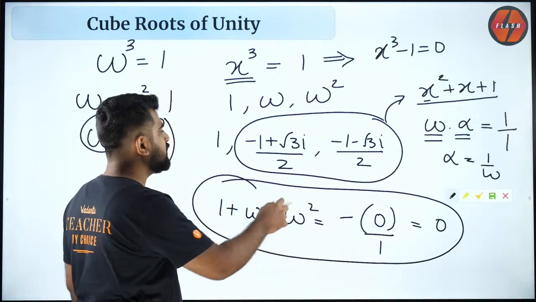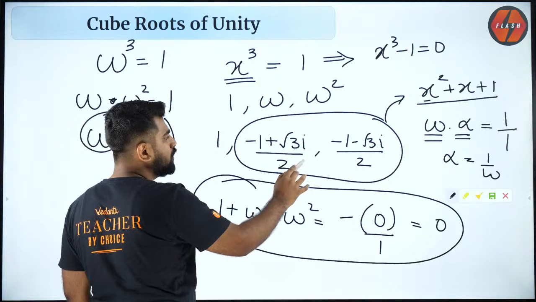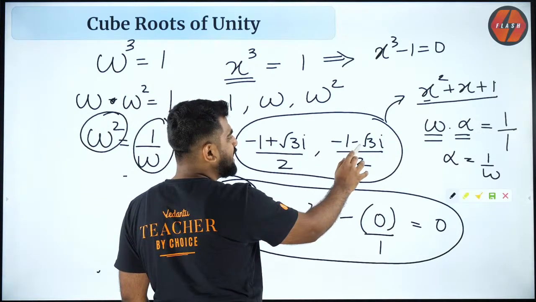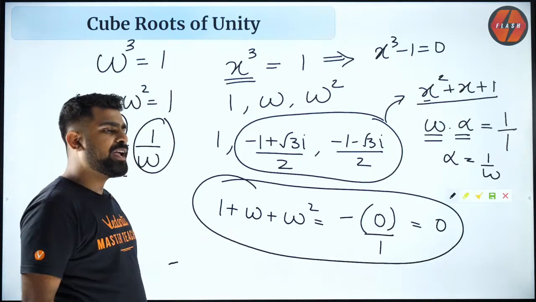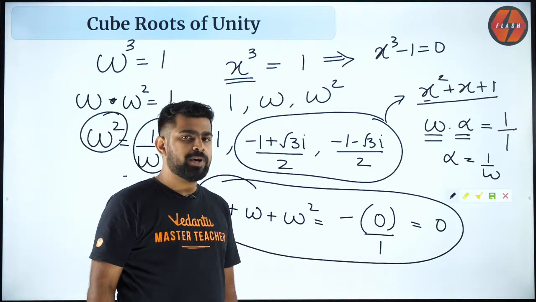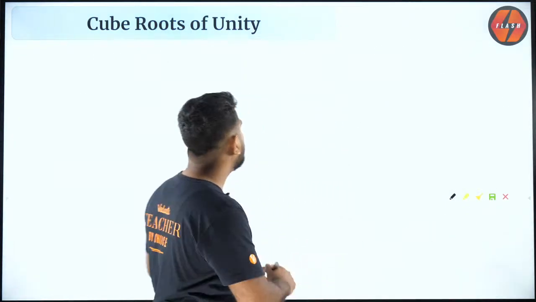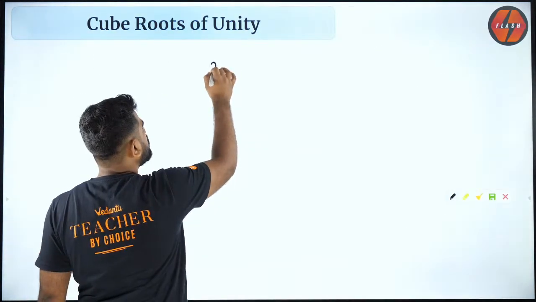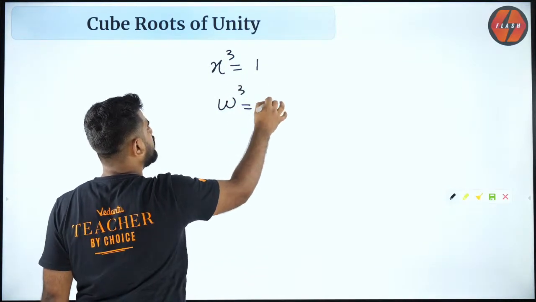The value of omega is (minus 1 plus root 3i)/2, and (minus 1 minus root 3i)/2 is omega square. Nth roots of complex numbers we will do for advanced, not here. So I'll give you a few more relations. x cube is equal to 1, so can I say omega cube is equal to 1?